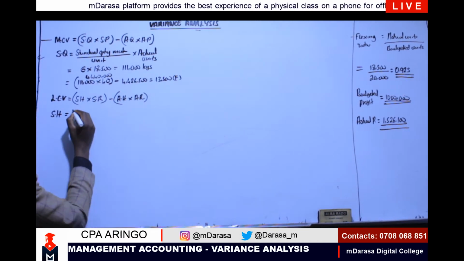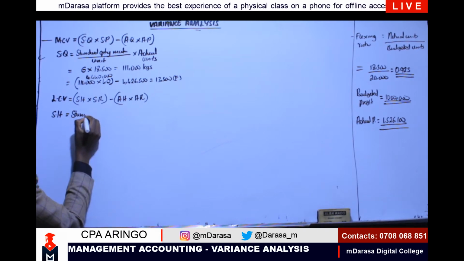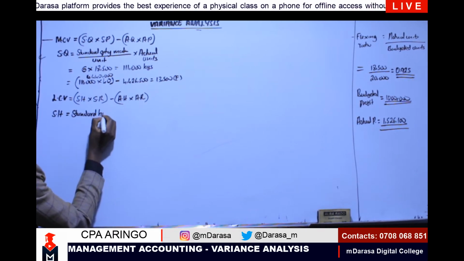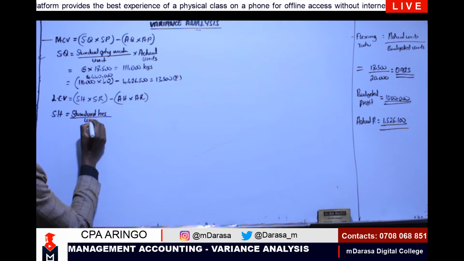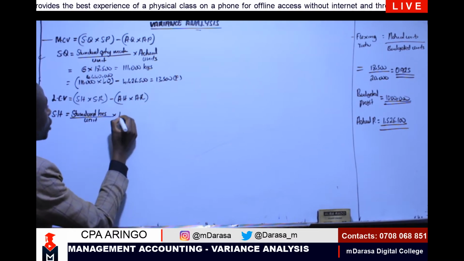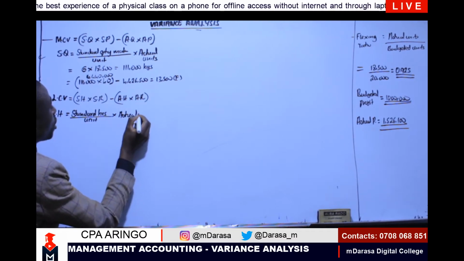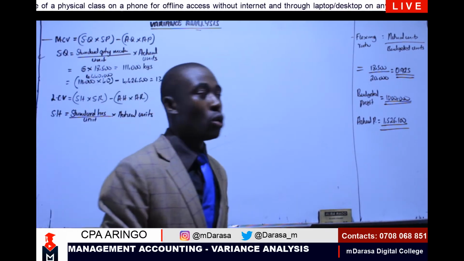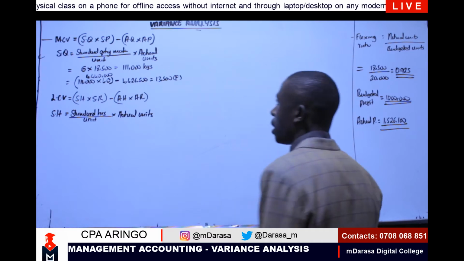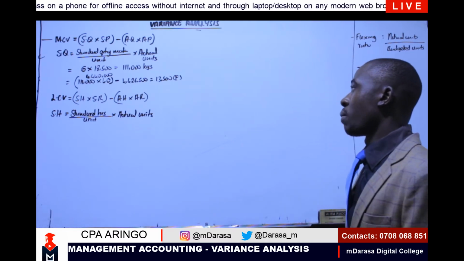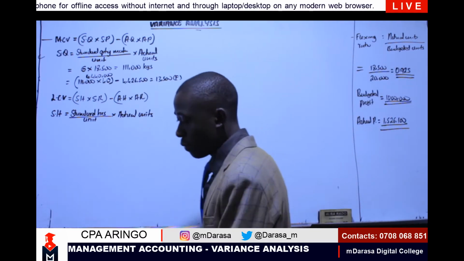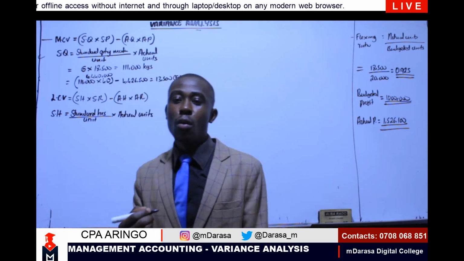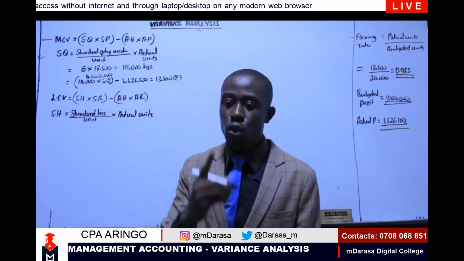As the norm, standard hours will never be given. How will you determine your standard hours? You determine your standard hours by taking your standard hours per unit times your actual units. The same case will apply. I'm going to ask myself this question: how many hours had we budgeted to use to produce 1 unit?